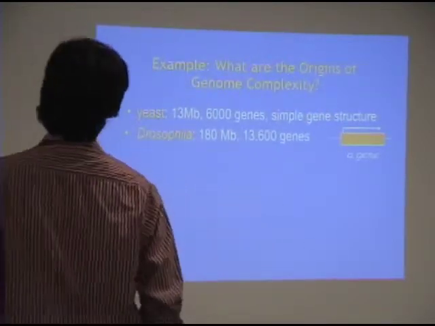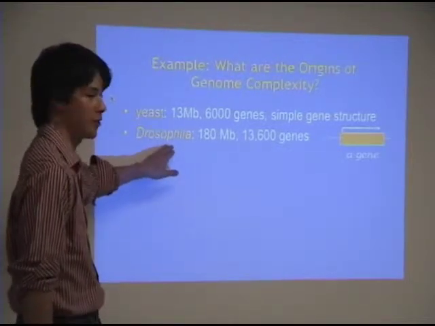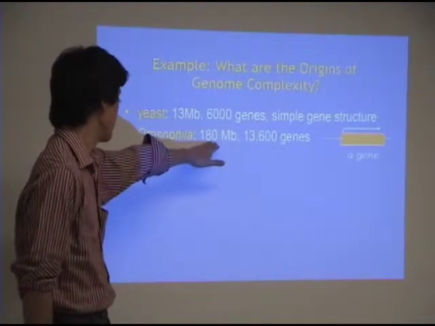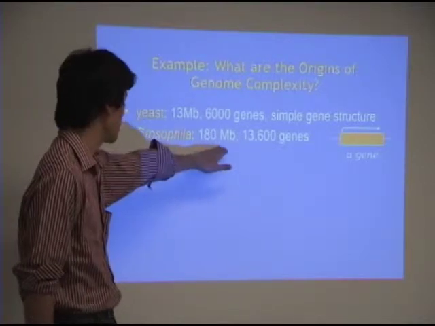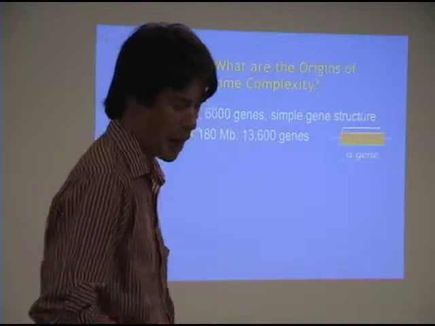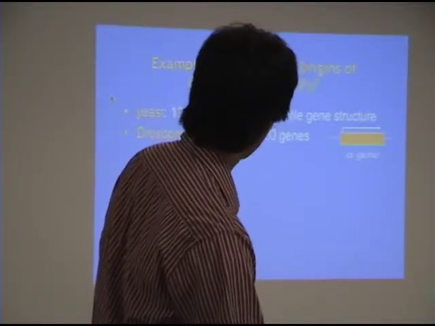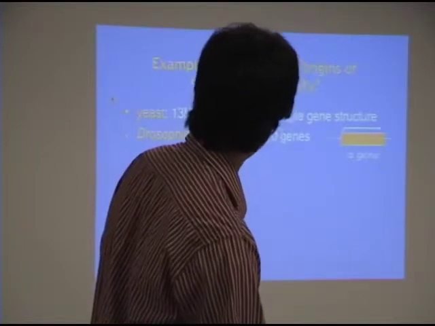But going forward to slightly more complex critters, in this case a little fruit fly, about 10-fold larger genome, about double the size in genes, you'll notice that the expansion in the size of the genome seems to be outstripping the increase in the number of genes.